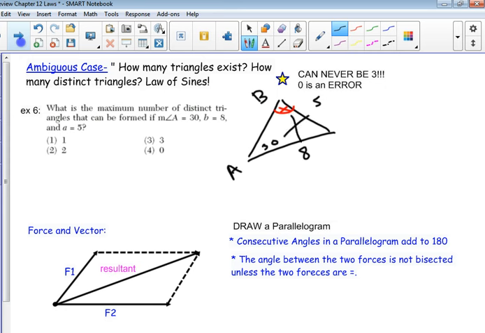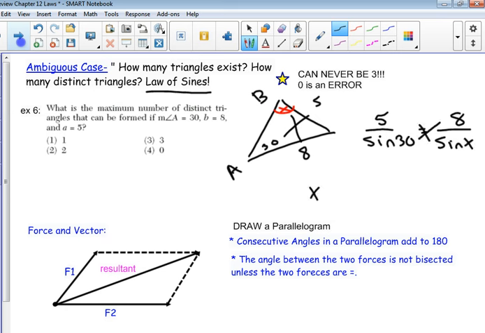What law would you have to use? Sine. So you're actually always going to be using law of sines with this. Okay? So 5 over sine 30 equals 8 over sine x. We're going to do that cross multiplying.